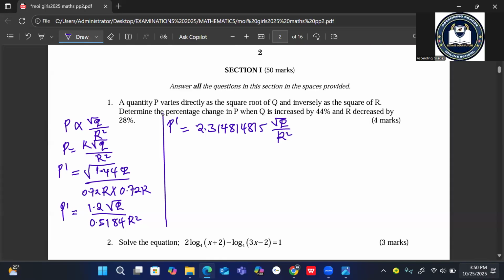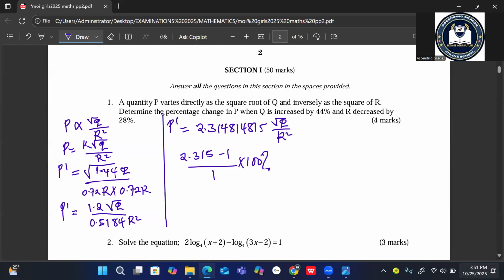For us to find the percentage change, we are supposed to take this 2.3148148, we round off, minus 1. Now we divide by the 1 of the original one, times 100%.